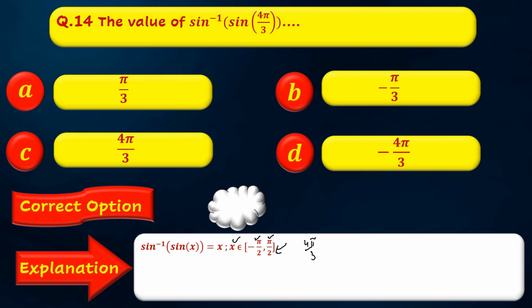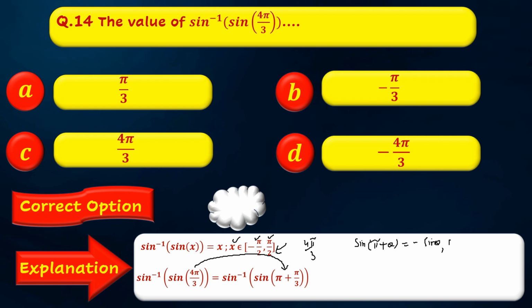So we make necessary adjustments, and we write sine inverse sine of 4 pi by 3. Now 4 pi by 3 has been split as pi plus pi by 3. We know that sine of pi plus theta is equal to minus sine theta.